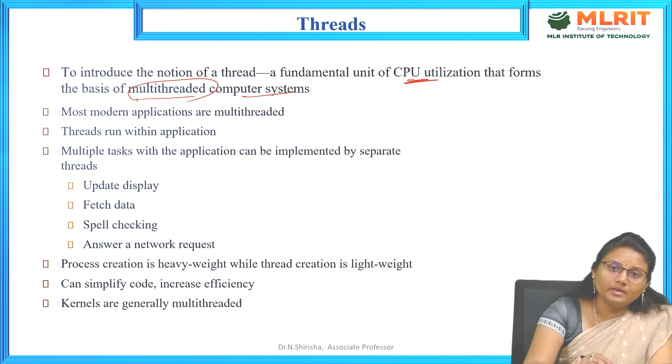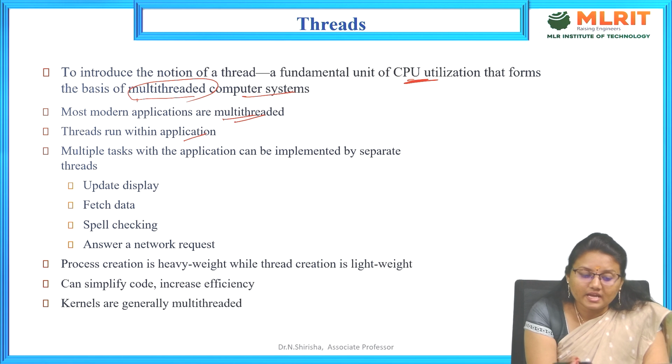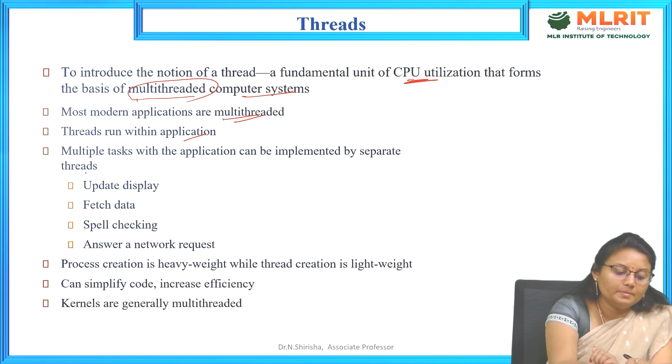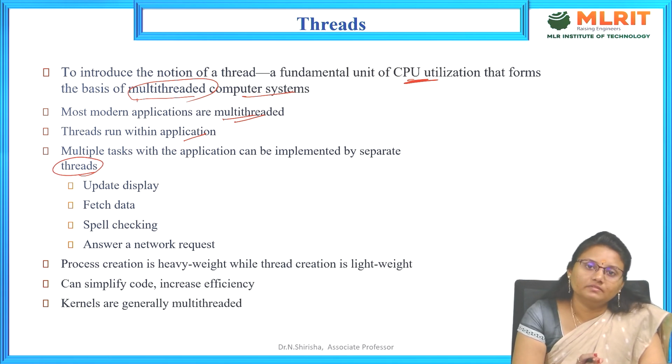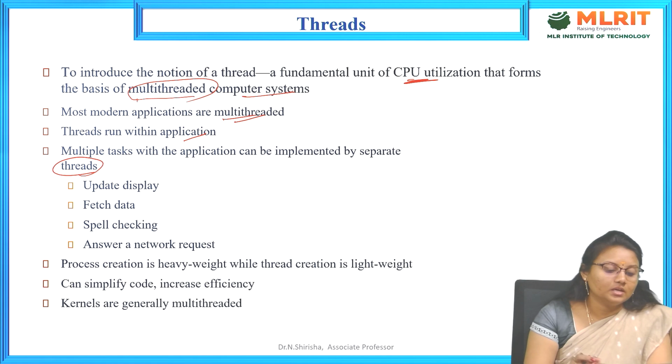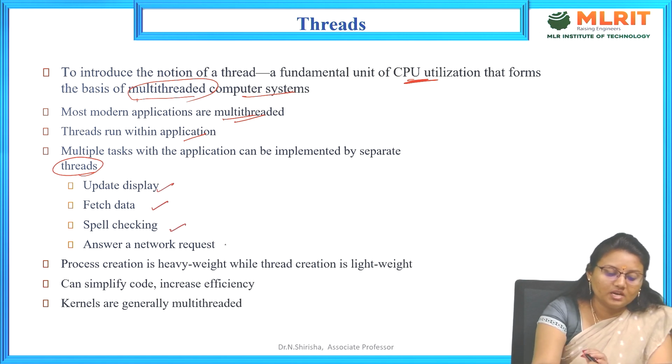All the applications you use today are multi-threaded. Threads run within the application, and multiple tasks within the application can be implemented as separate threads. When you are doing different activities, each activity we can call a single thread. For example, updating the display, fetching data, spell checking, answering network requests.